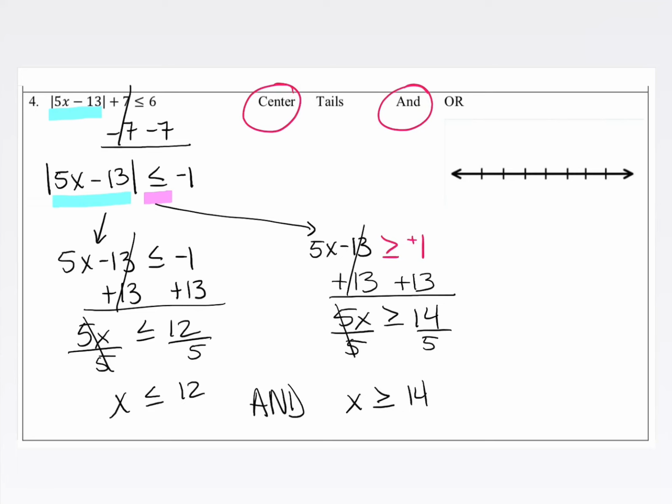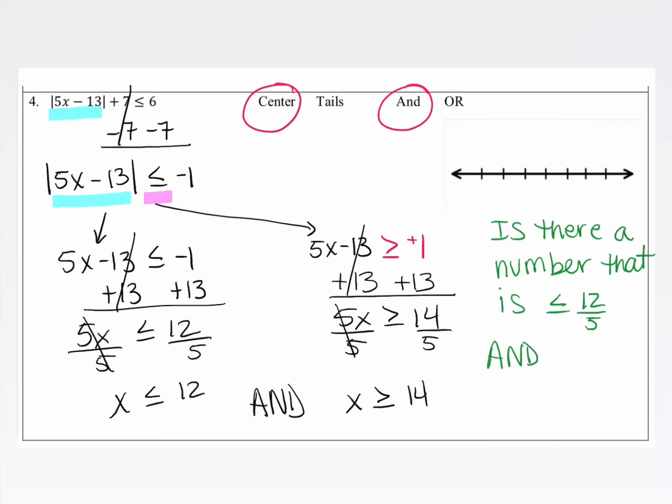Is there a number, I'm going to write this on the side here, is there a number that is less than or equal to 12/5 and greater than or equal to 14/5?